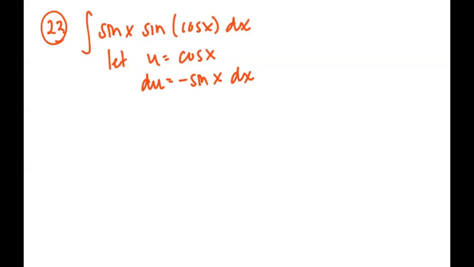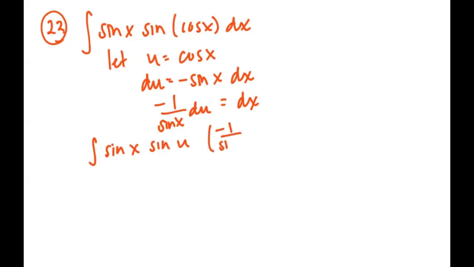So we're going to solve for dx. So we have the integration of sine of u times negative 1 over sine x du. These sine x's cancel, so that takes care of the problem.